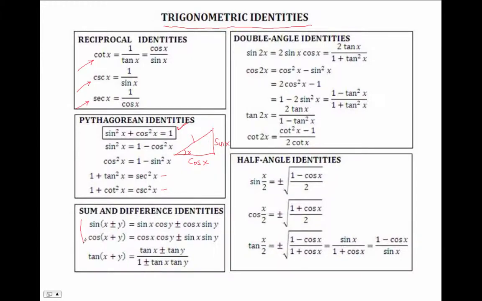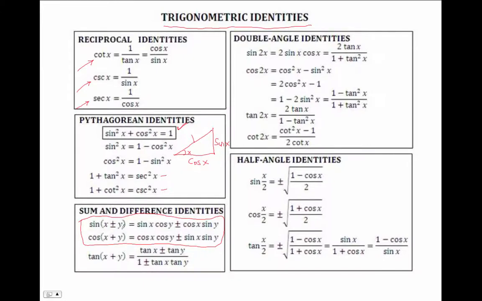These two formulas, which you must also remember, are important because they tell you that the sine of a sum of two numbers, x and y, is sine x cos y plus cos x sine y.